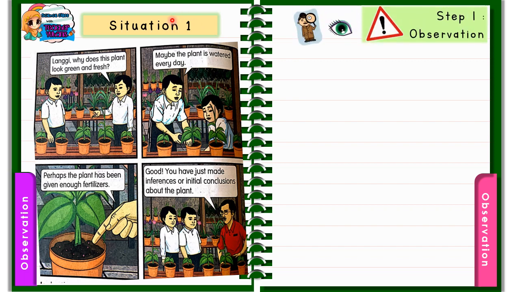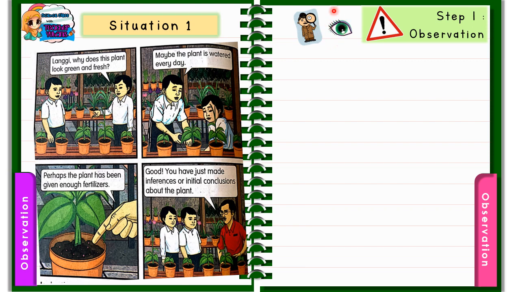From situation 1, let's make observation. Step 1, observation. We make observation using our sight. Do you remember? We have learned about our senses during the first week.